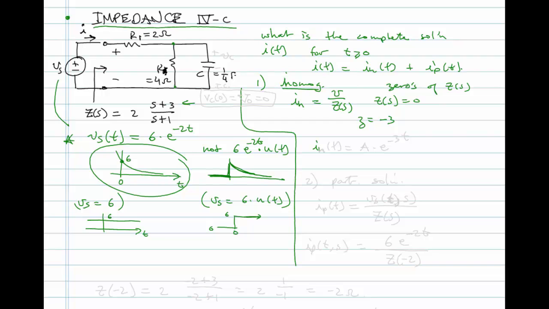So we have IH is equal to A times e to the minus 3t. We found this in the previous example, so this is just repeating that. If you need clarity, go back to the previous example.